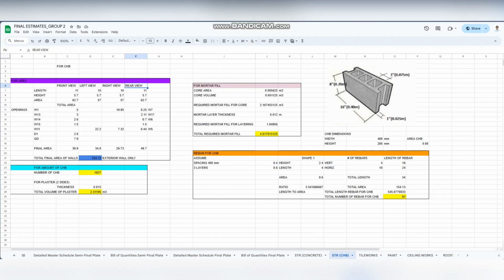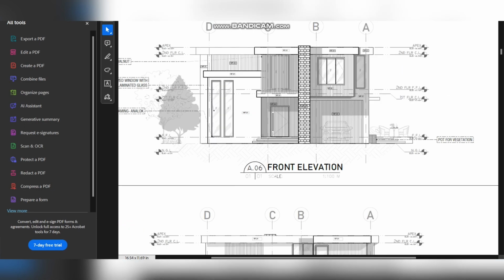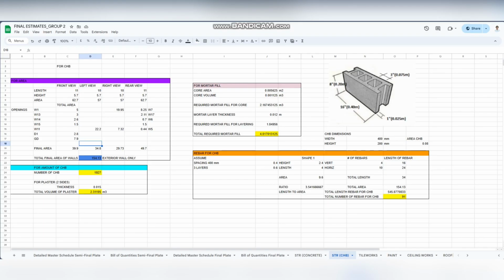Then, by getting the areas of each view or elevation, I removed the area of the openings right here. So for example, we have different elevations, then I remove the area of these openings, then subtract it from the total area, then we get the final area. I did this for each side of the structure.